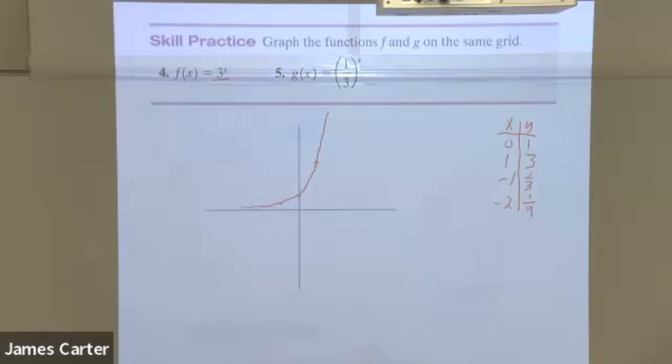Then -2 is 1/9. Here's that one, just simply reflected across. But there's the XY tables if you want to look at them.